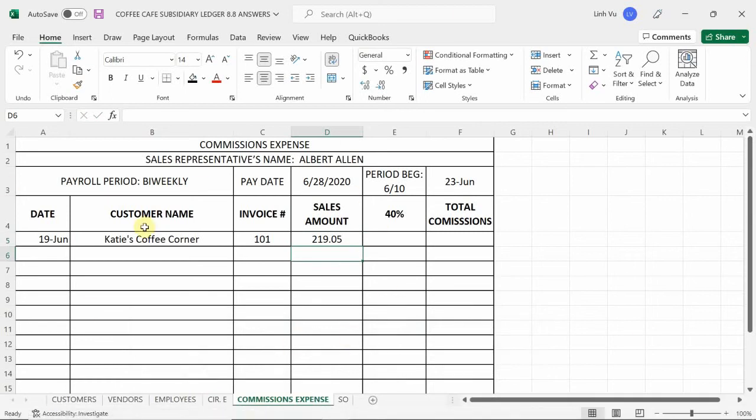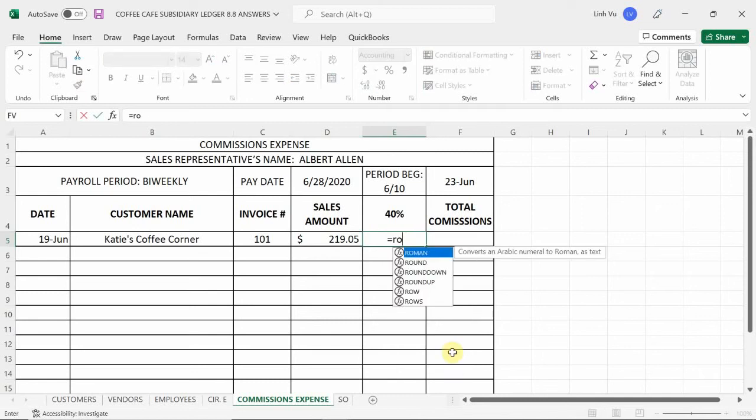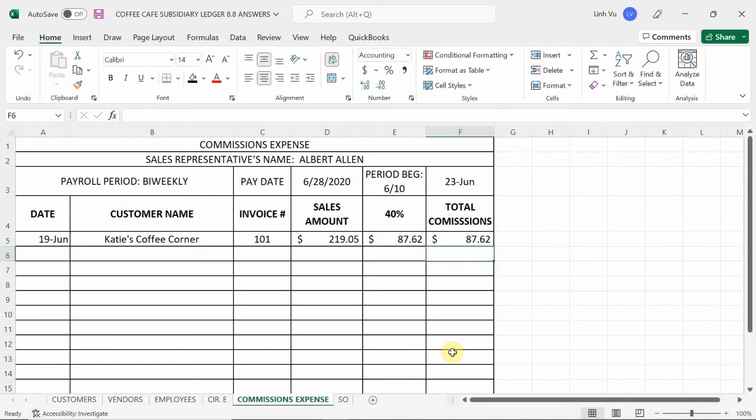Okay. Now, if Albert is going to be receiving 40% of that sale as commission, then let's calculate it. What is 40% of the sales? $87.62. Okay, so that is what we owe him right now.